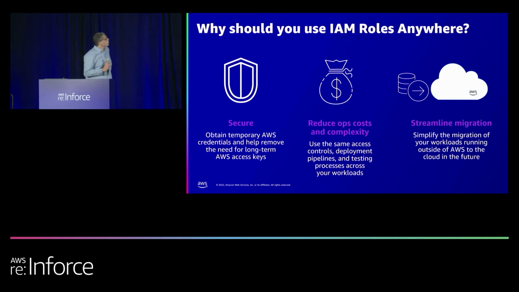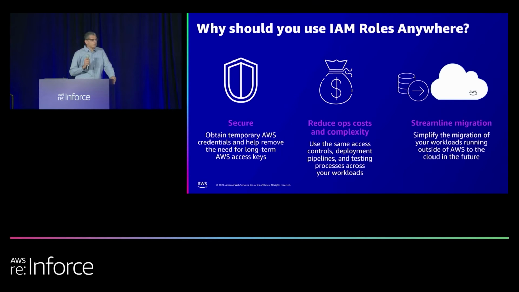So now the question is, why should I use IAM Roles Anywhere? And what is the benefit of using IAM Roles Anywhere? With IAM Roles Anywhere, you don't need anymore to manage and distribute long-lived credentials on your own for the workloads running outside of AWS. Using IAM Roles Anywhere, you can get the immediate security benefit of obtaining temporary credentials for your workload to access AWS resources without needing to manage the long-lived credential, which can help improve your security posture.